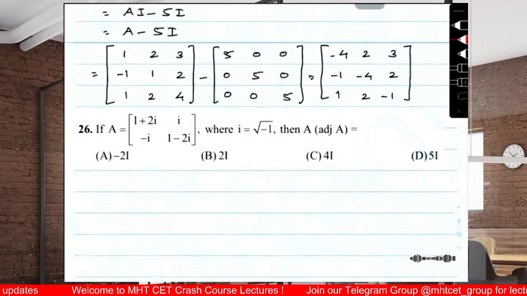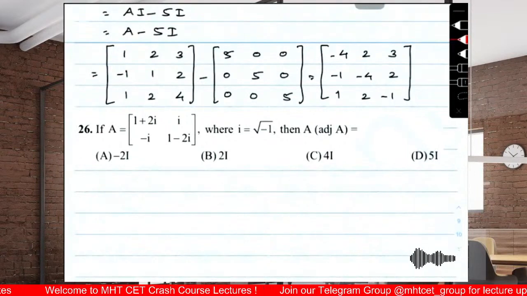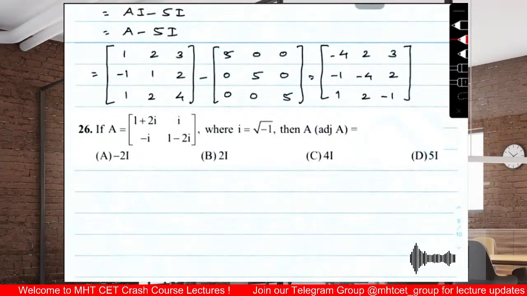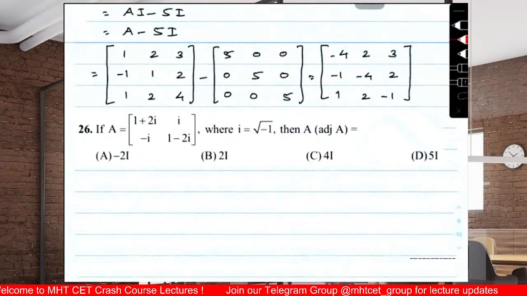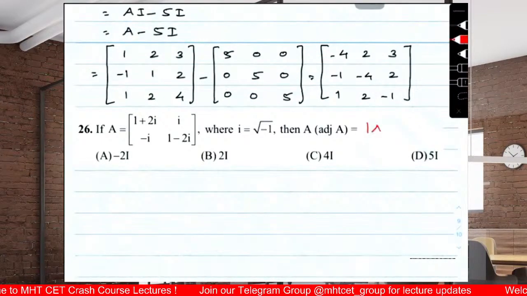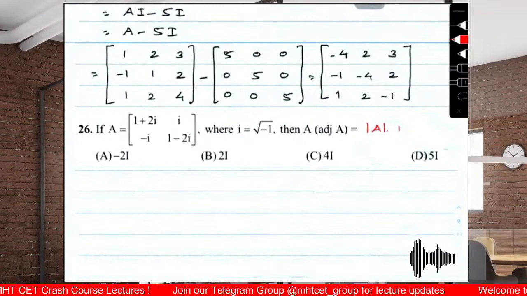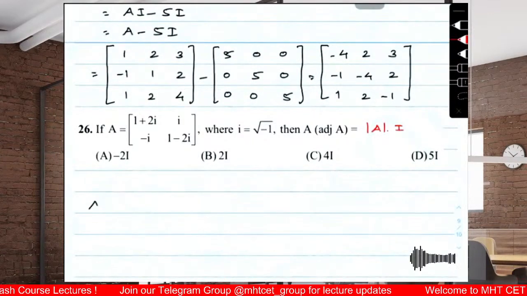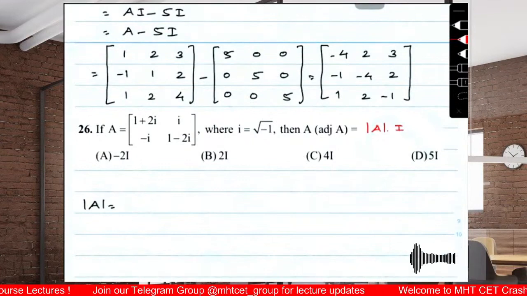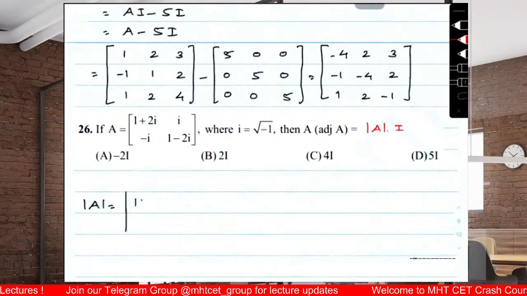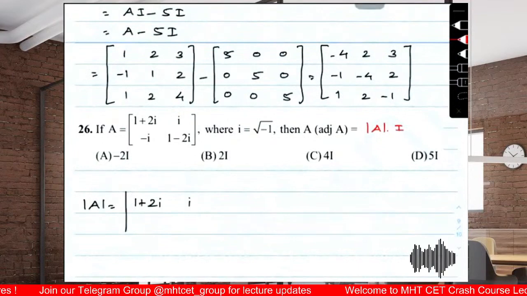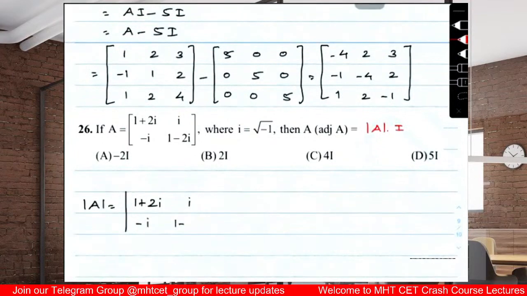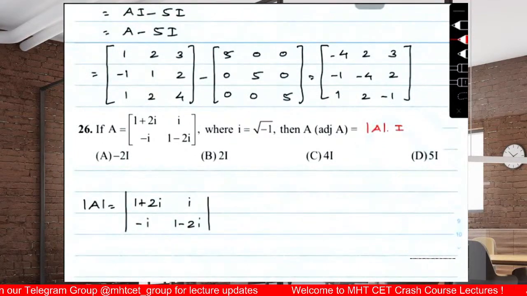Matrix A is given, then A into adjoint of A. We have written the formula, determinant of A into I, right? So we just have to find determinant of A. Determinant of A will be determinant of 1 plus 2i, i, minus i, 1 minus 2i.